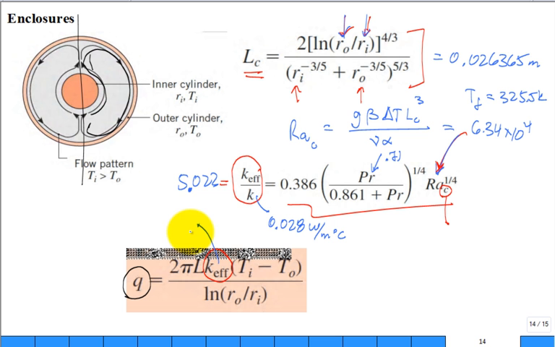It's like 14 point something. I calculated 14.1 watts per meter degree C. And then we could calculate the Q for this problem. I brought the L over, so Q divided by L, and you put in the 2 pi, etc., and you get that Q over L is 70.6 watts per meter.